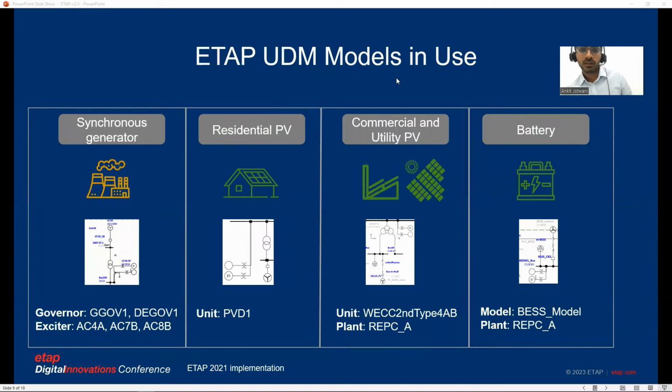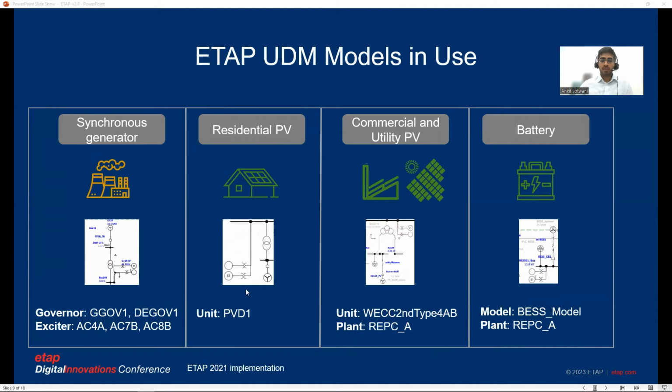Different dynamic models were used to bring forth the dynamic responses of the different generating units. For the synchronous generator, depending upon the type of the generator, we had either a gas-based governor or a diesel-based governor model. The excitation system model was chosen in consultation with the transmission system operator, again depending upon the excitation system type.